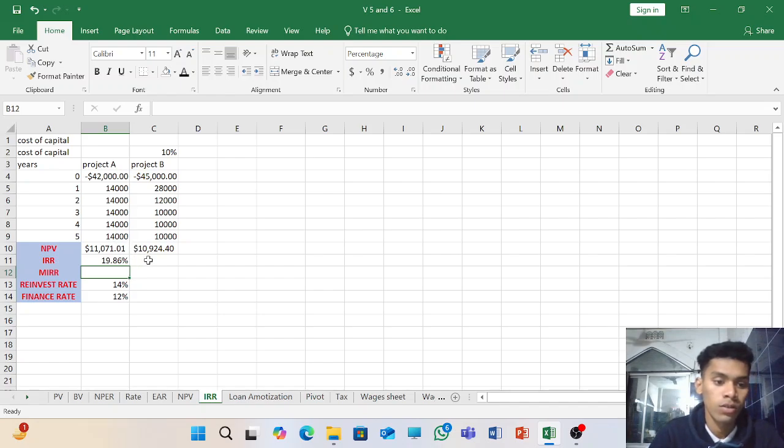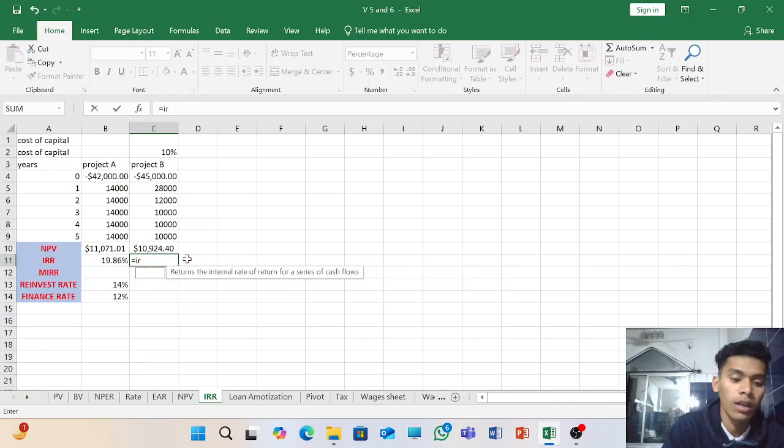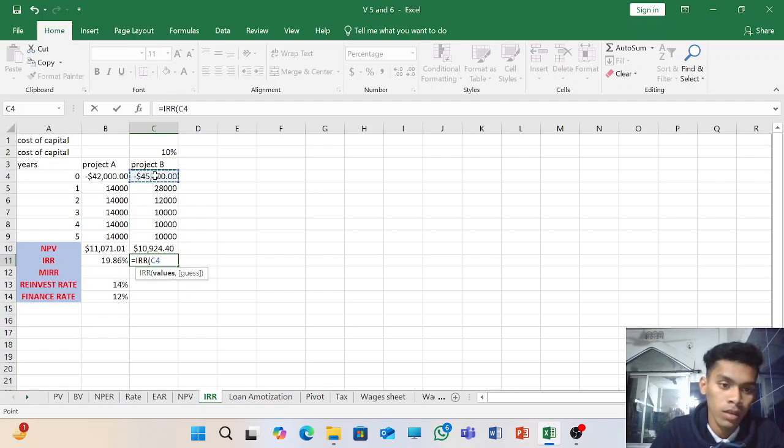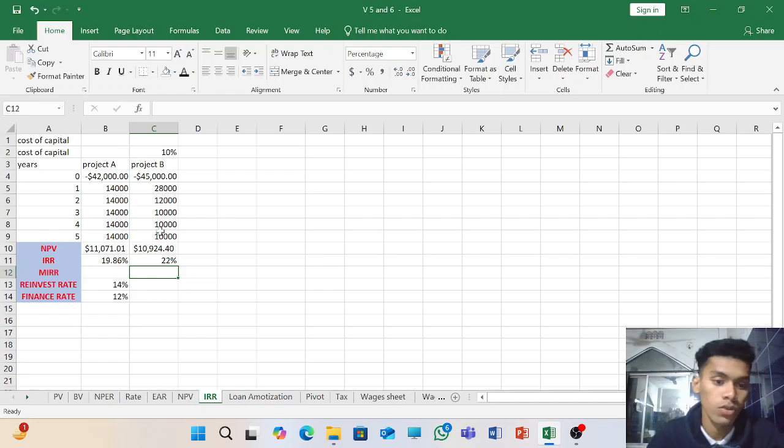We can see that 19.86% is the IRR of project A. Again, we calculate the IRR of project B, equal IRR, double click, the cash flow, and bracket close and enter. So 22% is project B.